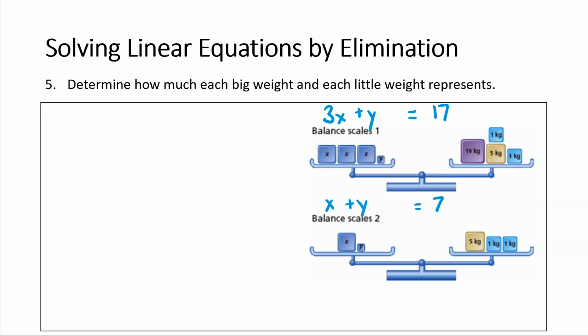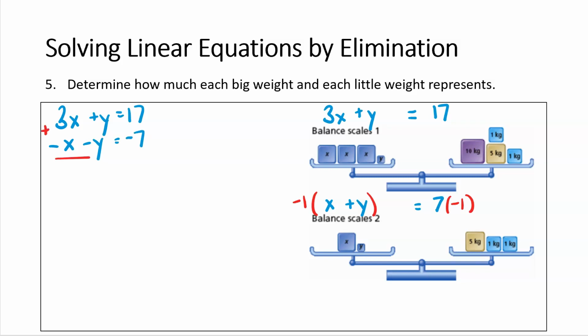Okay, so what I would do, looking at those two equations, it looks like the easiest thing to eliminate is a y, and I can do that by multiplying that second equation by a negative 1. So we have 3x plus y equals 17, and then negative 1 times x is negative x, negative 1 times y is negative y, negative 1 times 7 is negative 7.